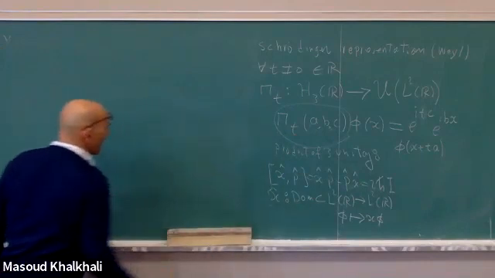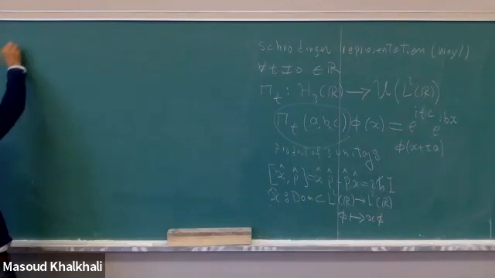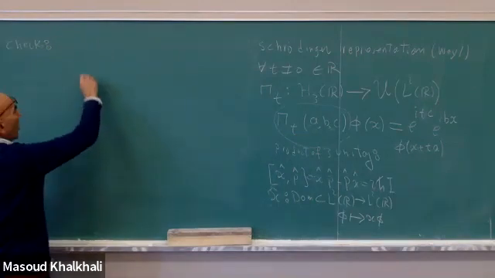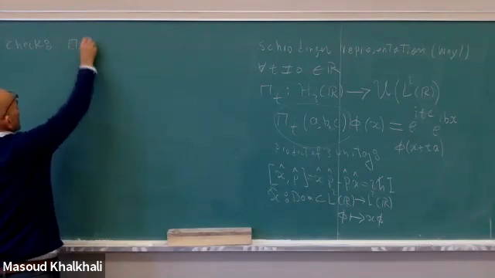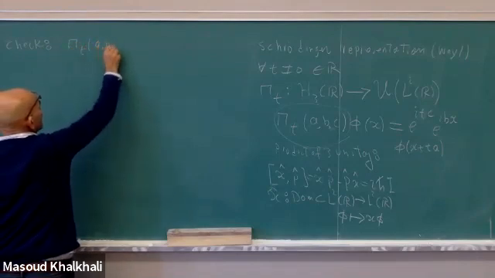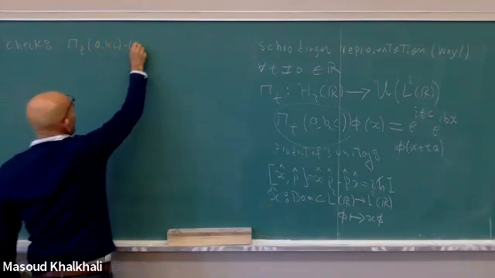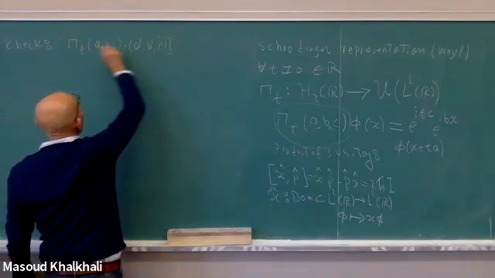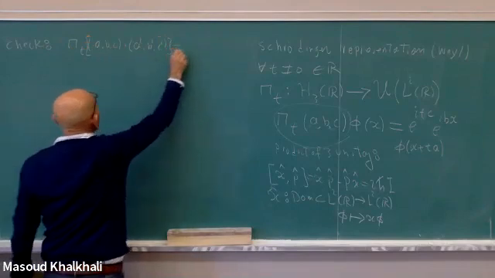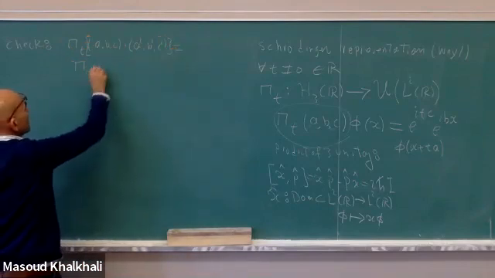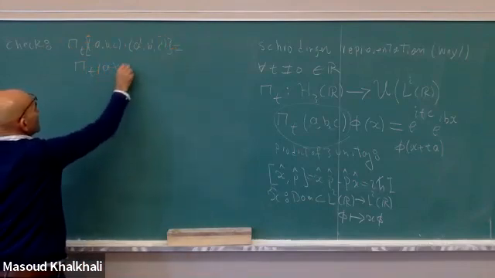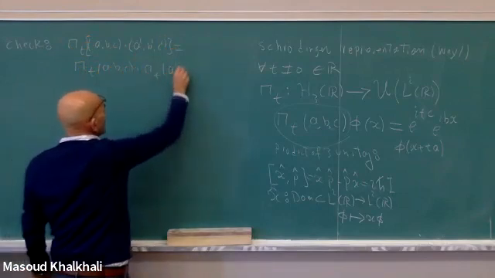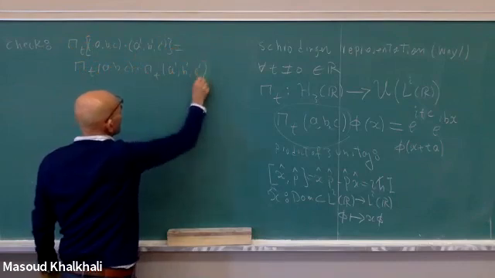Check that pi t of a, b, c times a prime, b prime, c prime is equal to pi t of a, b, c times pi t of a prime, b prime, c prime.